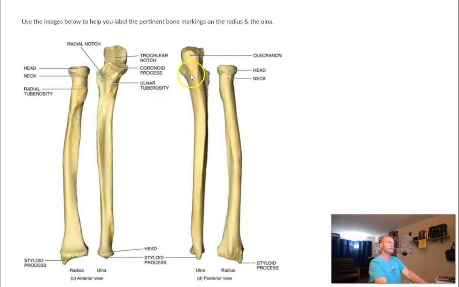And then if you look at the ulna in its posterior view, that back marking, that's the elbow that you're familiar with. That's the olecranon, just the scientific name for it.